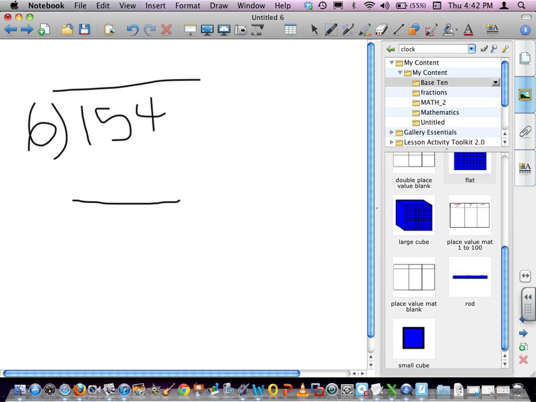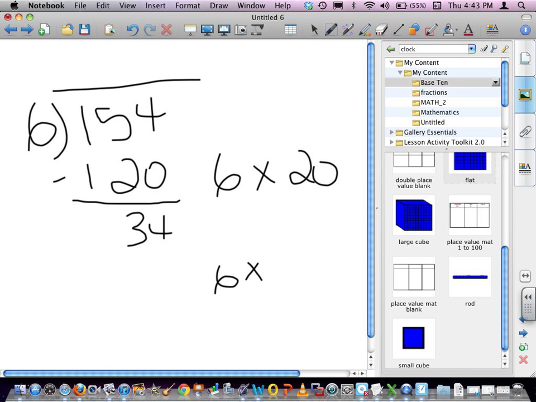What we're going to do instead is we're going to talk about the fact that if I had 6 times something that was really close to 150, what might it be? And I might say, well, 6 times 20, or 34 left to share, and then I have to think 6 times what is close to 30, right?